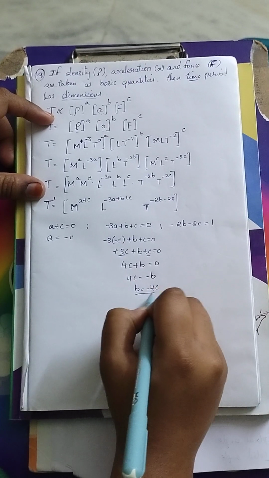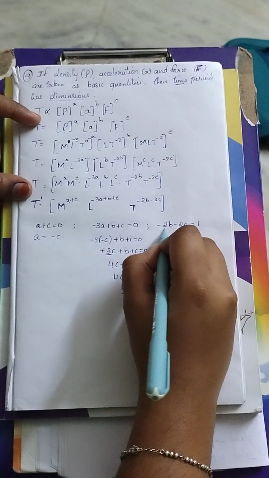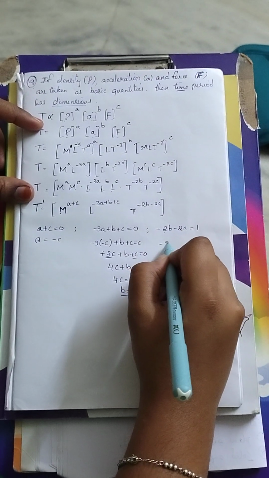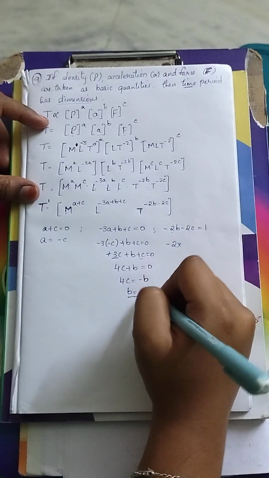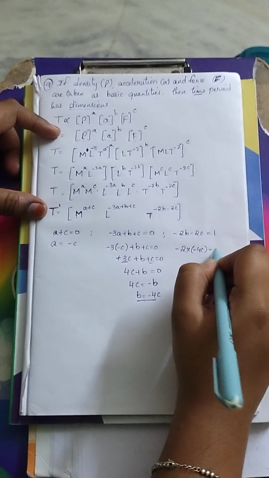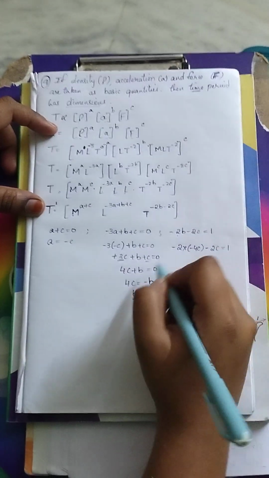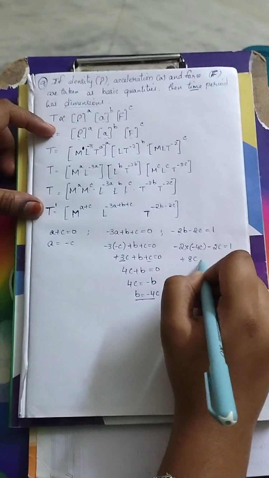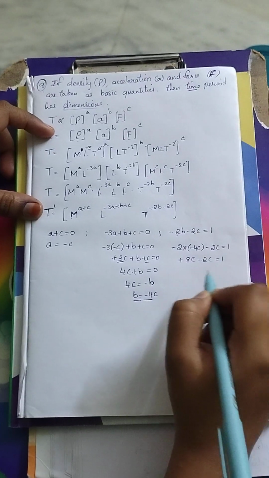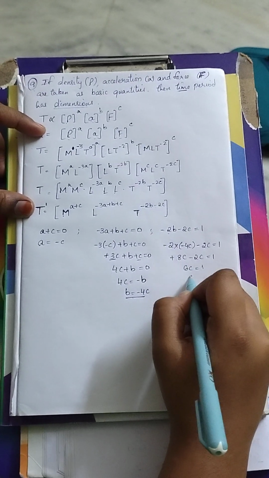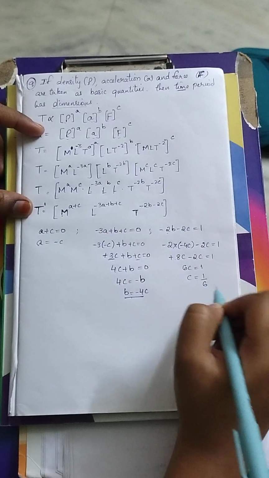Now substitute this b value here. It will be minus 2 into minus 4c minus 2c is equal to 1. Minus into minus is plus, 2 into 4, 8c minus 2c is equal to 1. 8 minus 2 becomes 6c is equal to 1, and c is equal to 1 by 6.